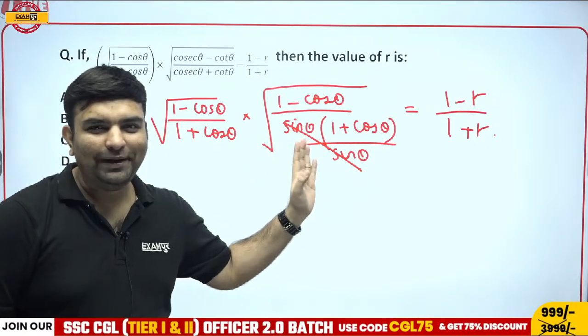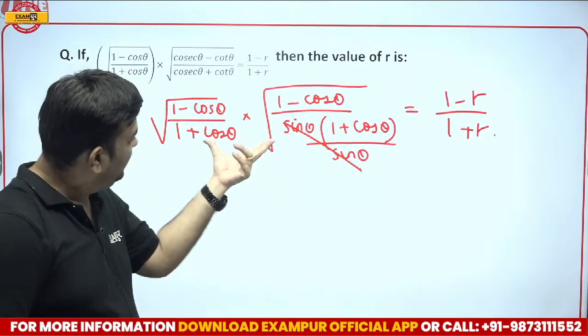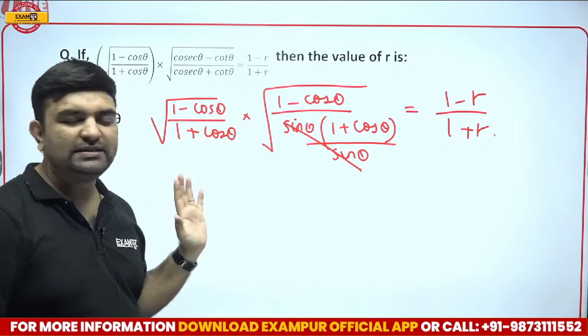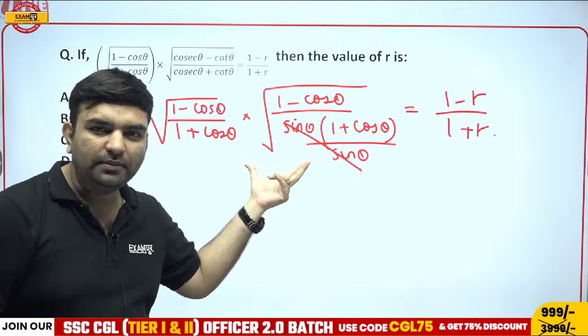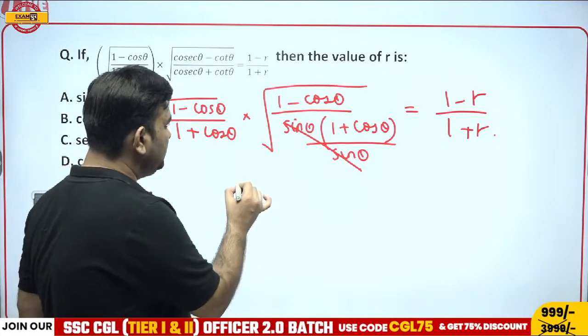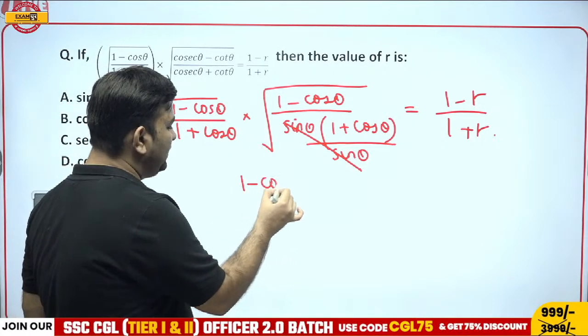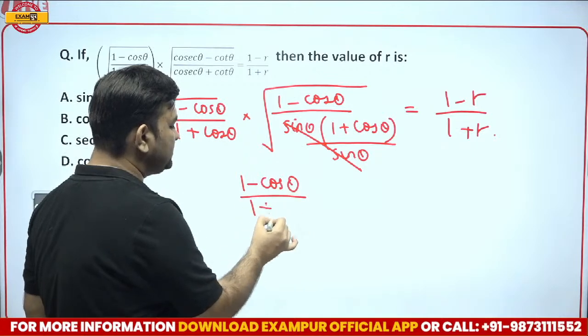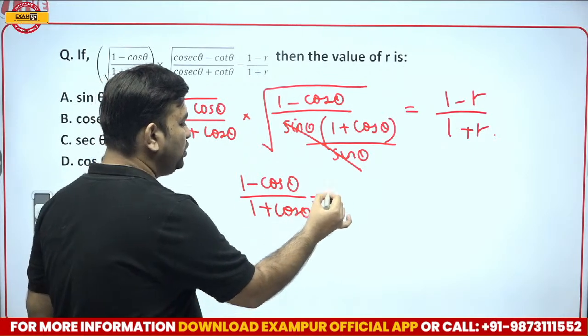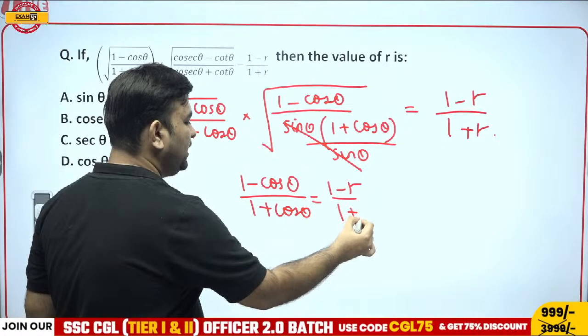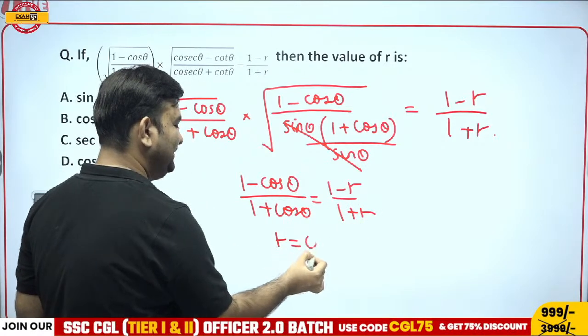Same thing multiplied twice, it will become a square and will cancel out the root. So ultimately it will only become 1 minus cos upon 1 plus cos, which is equal to 1 minus r over 1 plus r, where r is cos theta.